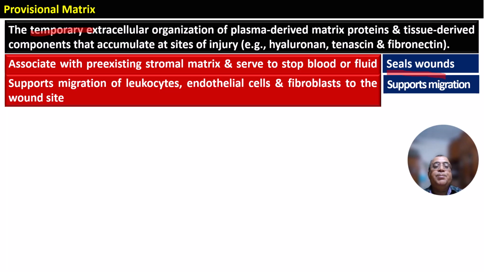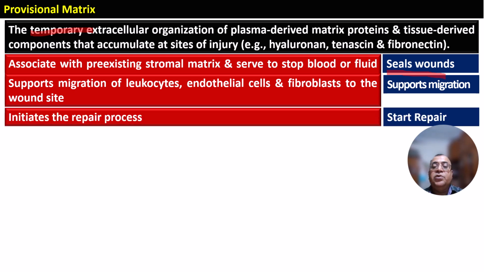Then they also support the migration of cells, the leukocytes, endothelial cells, and fibroblasts to the site of the wound, so they support migration and they also initiate the repair process. So they are implicated in the start of tissue repair.